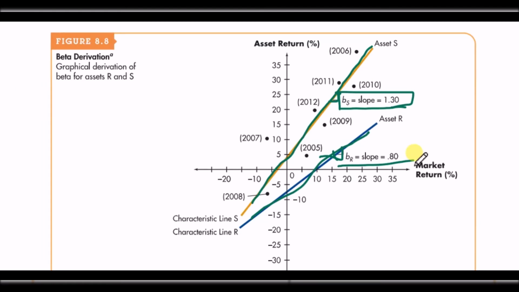So from this figure it is clear that asset S is steeper than asset R. Asset S is steeper and the slope is 1.30. That means asset S is more responsive to the change of market return.